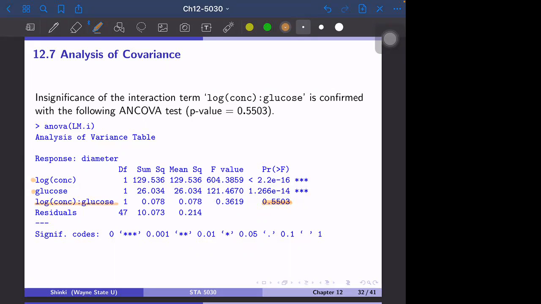This p-value is based on this f-value, and the f-value is the ratio of this mean square over the mean square residuals. That is obtained by the sum of squares divided by degrees of freedom. So 10 divided by 47 is 0.214.